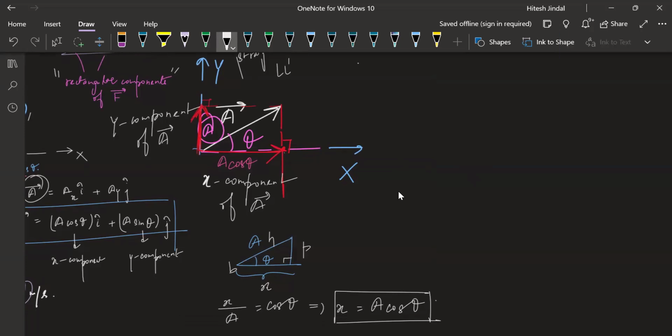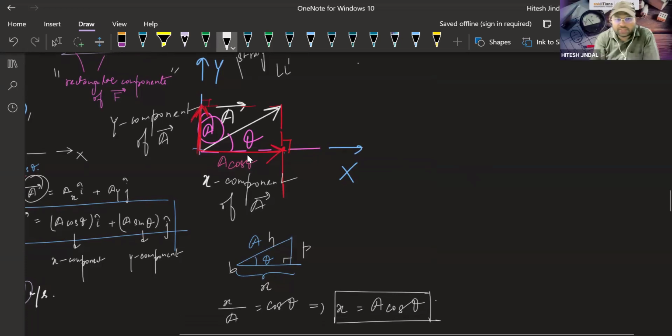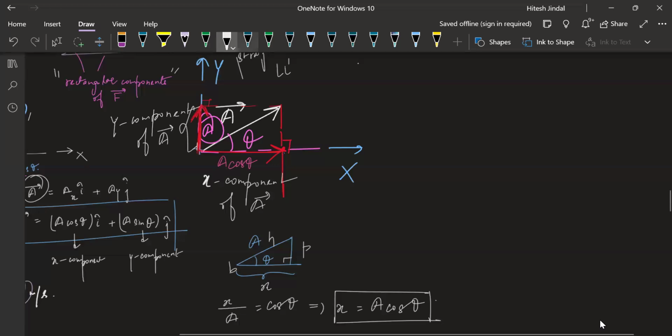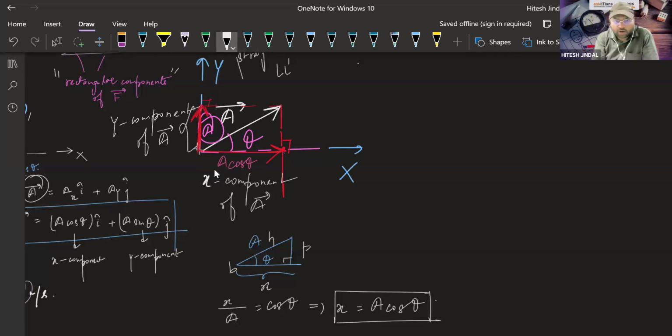Okay, sir. Now, if this is a cos theta, tell me the value of this, right? Tell me the value of this. Sir, value of what? Value of this length, the y component. The x component is a cos theta.